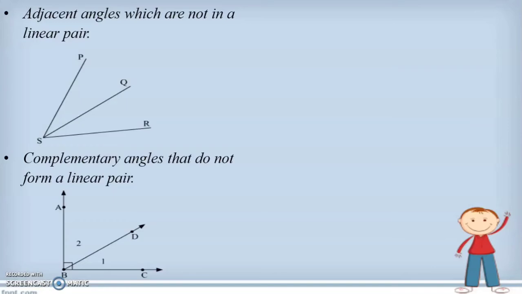Now we have to check if it forms a linear pair or not. As we have angle ABC, it is divided into angle ABD plus angle DBC. So we need to know whether the sum of these two angles is 180 degrees or not. But as we know, this complementary angle is 90 degrees.